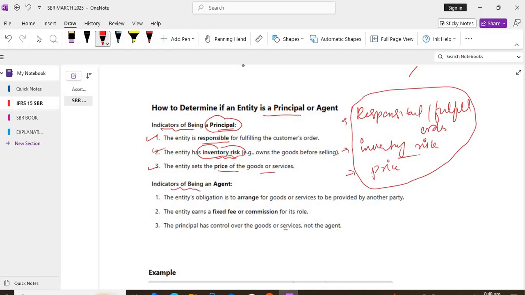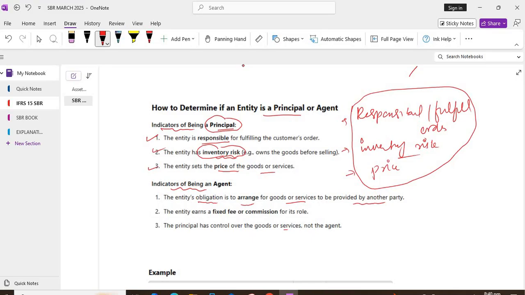Now, indicators for an agent: the entity's obligation is to arrange the goods or services to be provided by another party. So when you are arranging the transaction between the customer and the supplier, and you get some amount for that arrangement, it means that you are an agent.